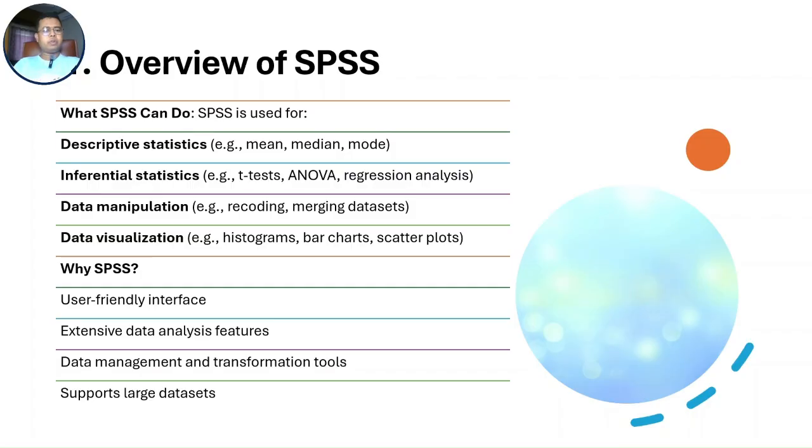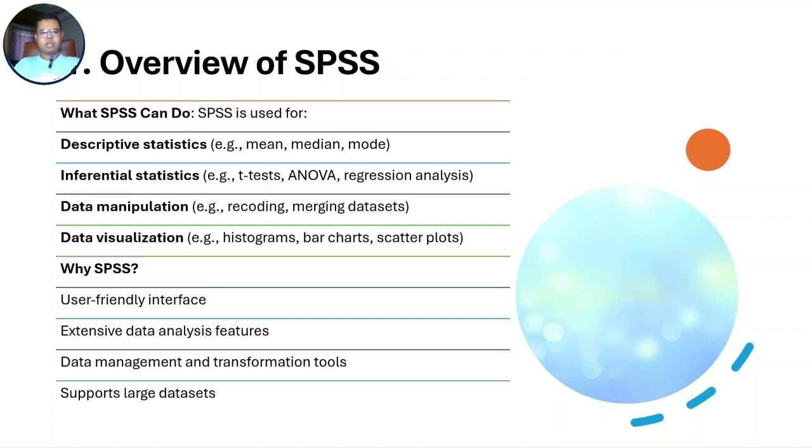So, an overview of SPSS. What SPSS can do, we have already said in the previous slide. More specifically, we can calculate descriptive statistics, for example, mean, median, mode, or dispersion, for example, variance, standard error, standard deviation.